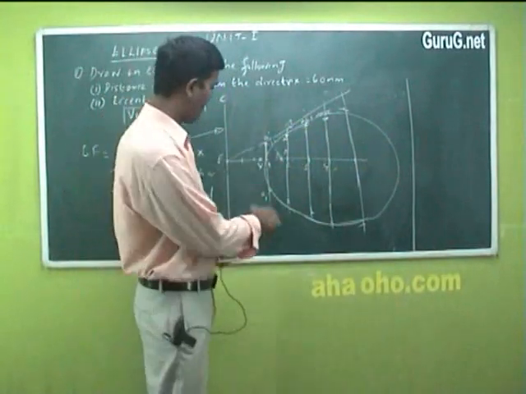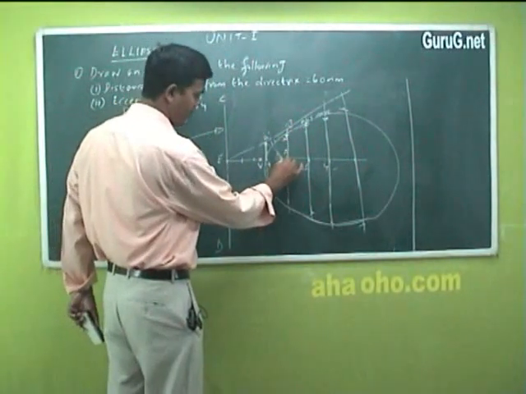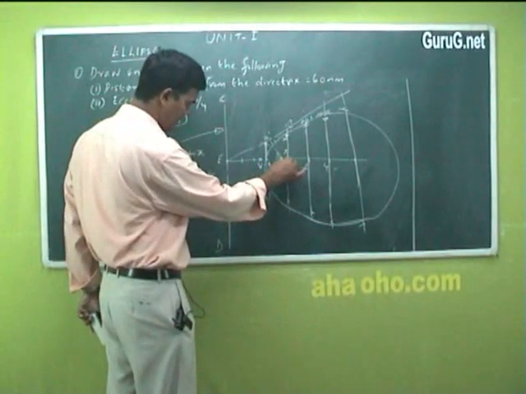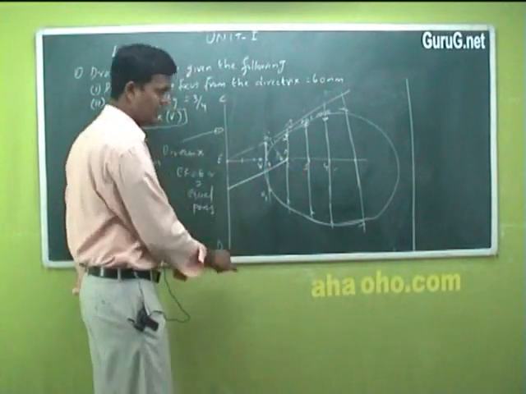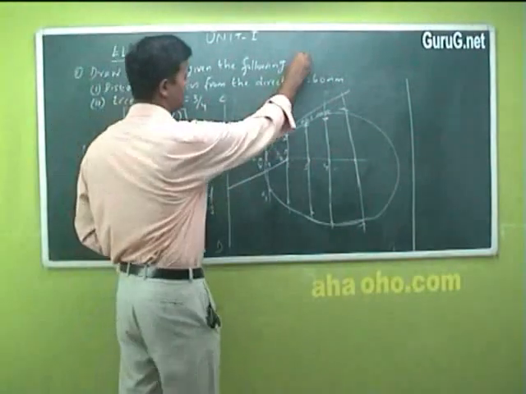After finishing this ellipse, from this focus point F, you need to take a 45-degree line and join it with this directrix. This step is to draw a tangent.